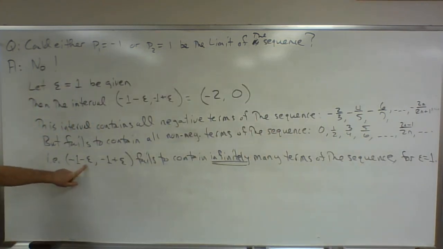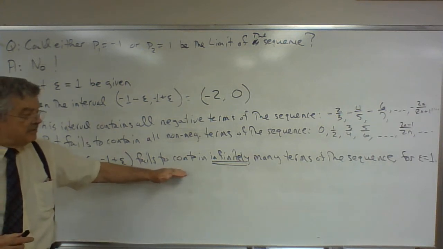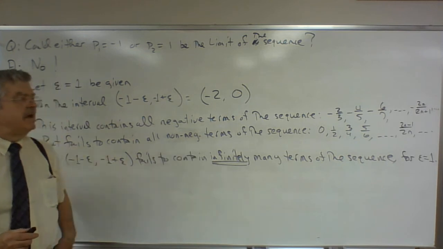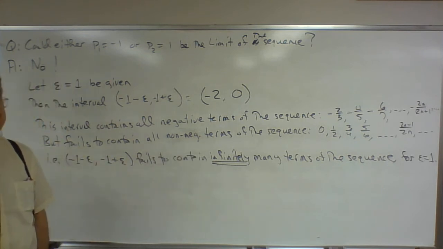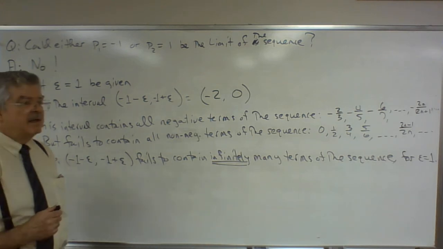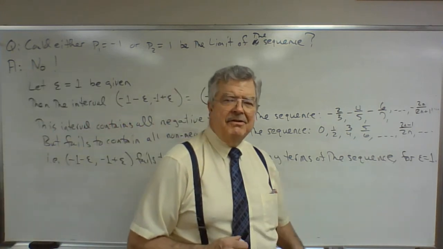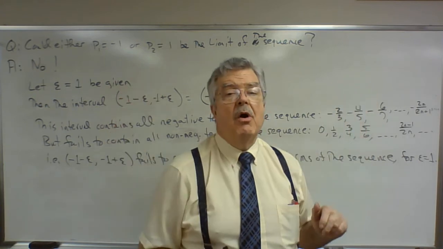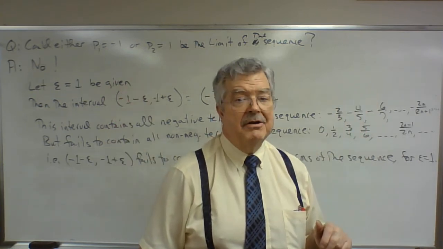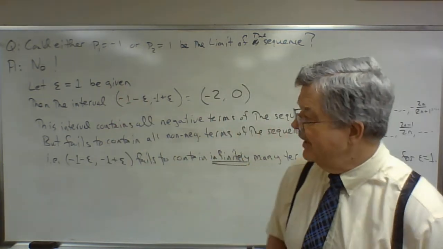So this interval, -1 minus epsilon, -1 plus epsilon, fails to contain infinitely many terms of the sequence for epsilon equal 1. So we can't say that it contains, quote, all but finitely many, end quote, terms of the sequence.